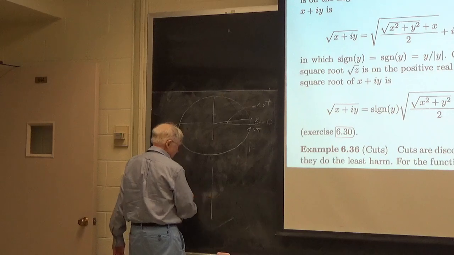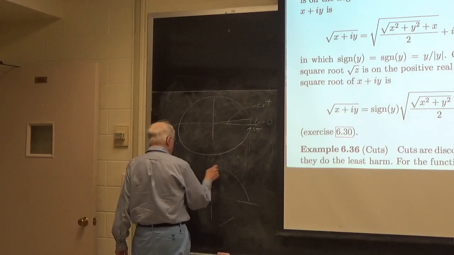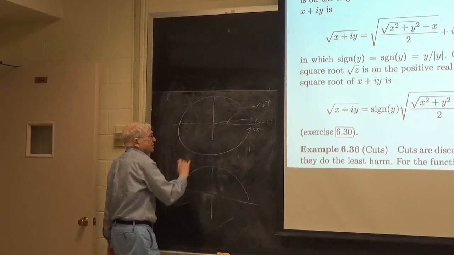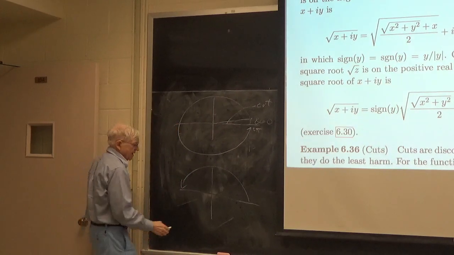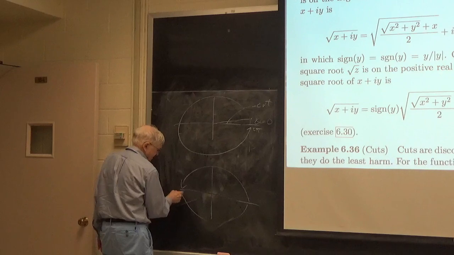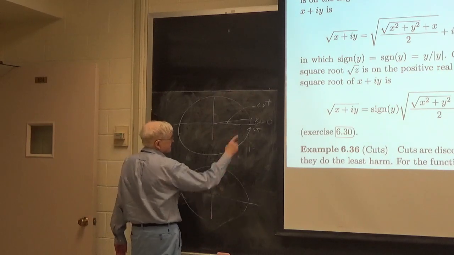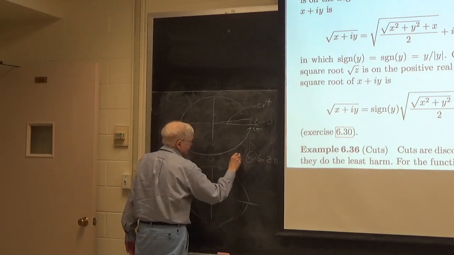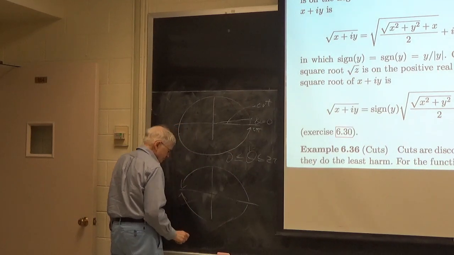The other popular convention is... both conventions agree in the upper half plane. But the other one is that here, theta is between 2 pi and 0.